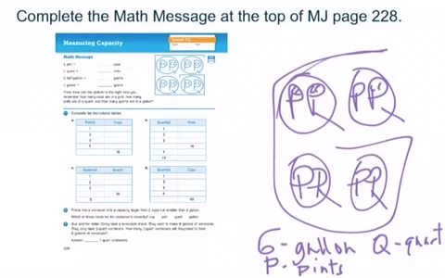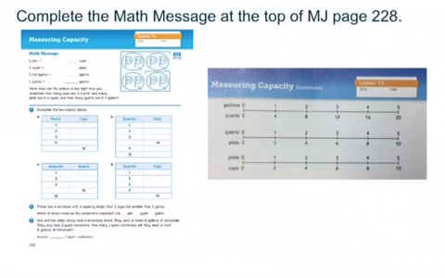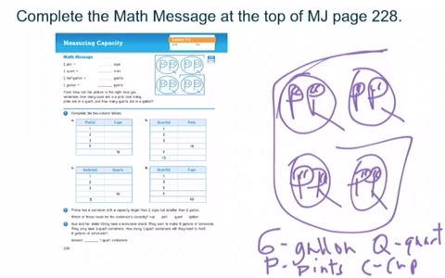Inside each one of the P's, there's 2 C's. Those C's are for cups. So you should have this written in your notes. So put an S on cups so that you have it. Okay? So you need to make sure that you understand that's what those stand for.